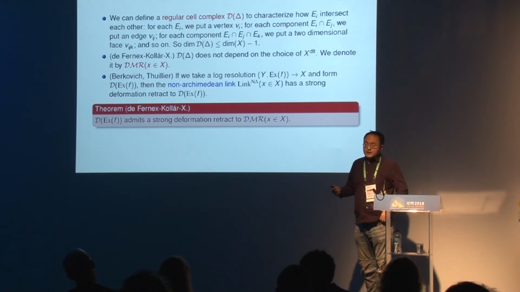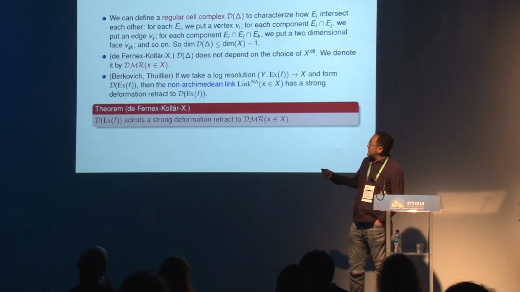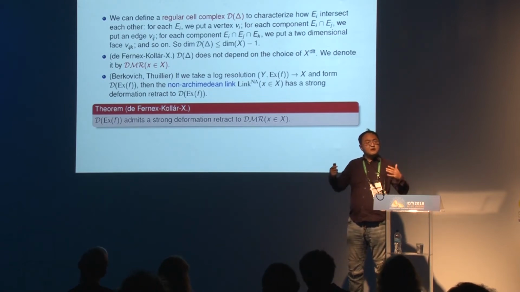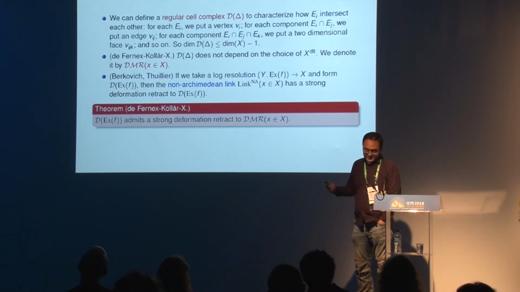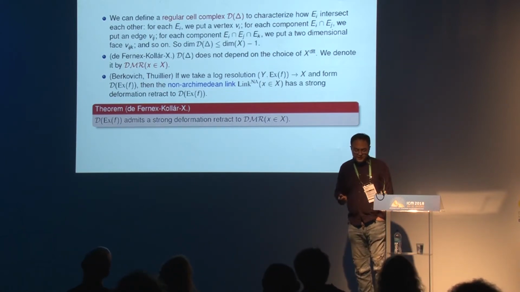So that canonical property implies that this dual complex, the PL structure of it, doesn't depend on the choice of the dlt modification.